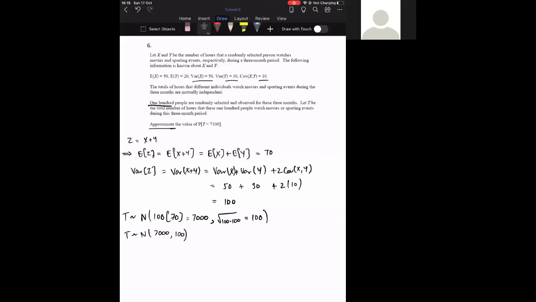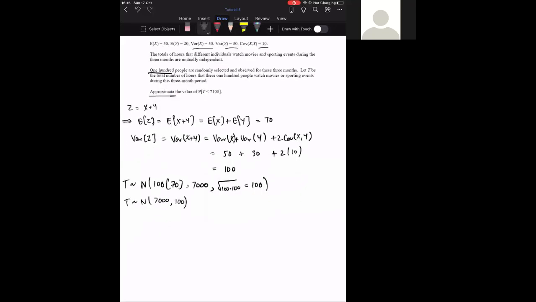आगे काम आसान है, we just want the probability of T less than 7,100. This just becomes, अगर हम इसको standardize करें, for the z value, we subtract the mean, we divide by the standard deviation.